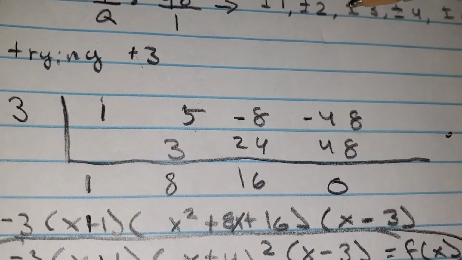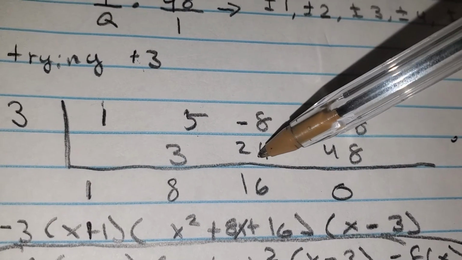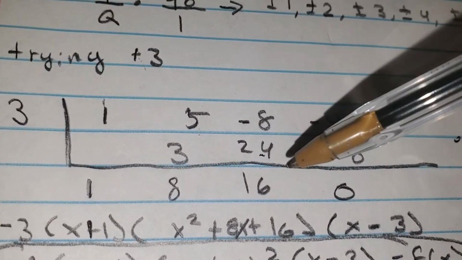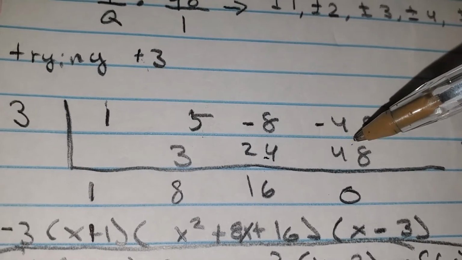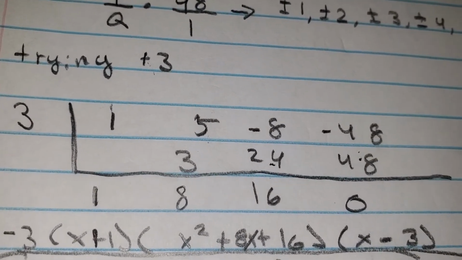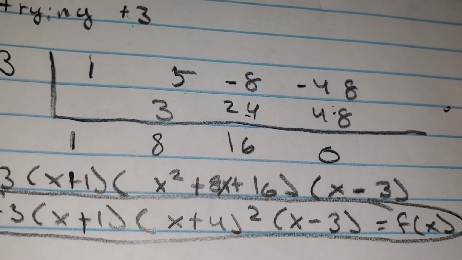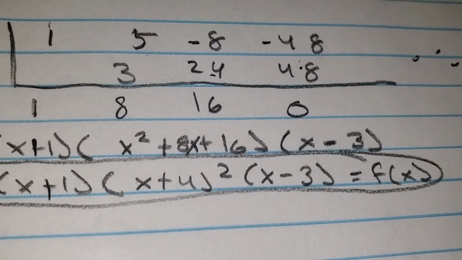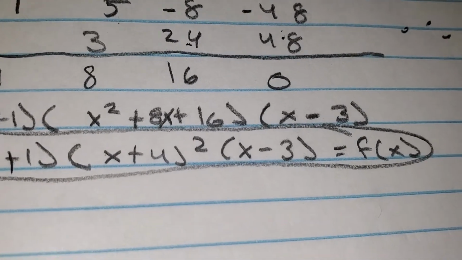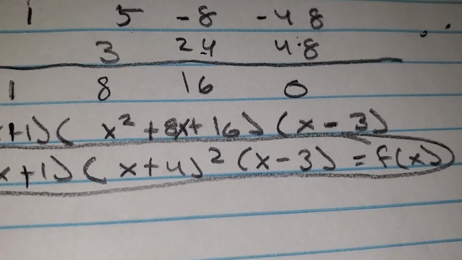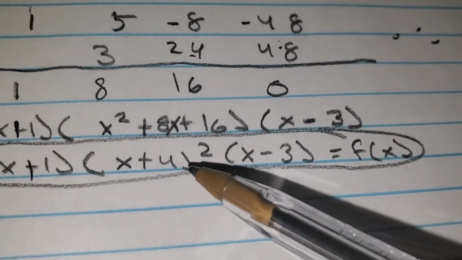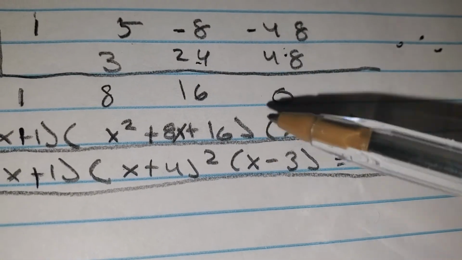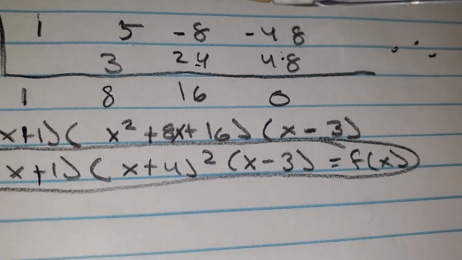Multiply again, gives us 24. Add gives us 16. Multiply 3 times 16 and place it in here, gives us 48. Add, it gives us 0. So we know it's a factor because we don't get a remainder. Now that gives us the polynomial x squared plus 8x plus 16, and that factors really cleanly because it's a perfect square: x plus 4 times x plus 4.